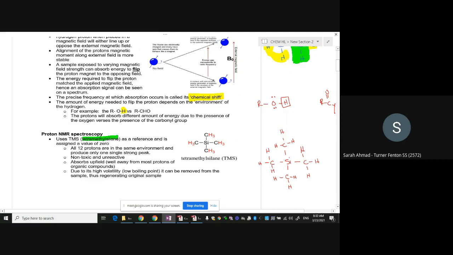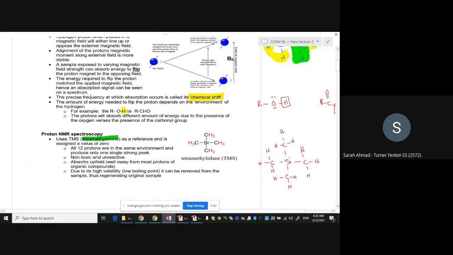So the nice thing about this is you mix your sample with the TMS and you subject it to the radio waves. This sample is non-toxic and unreactive. So what you can do is you can separate your mixture and get back your original. So that's why it's still non-destructive.